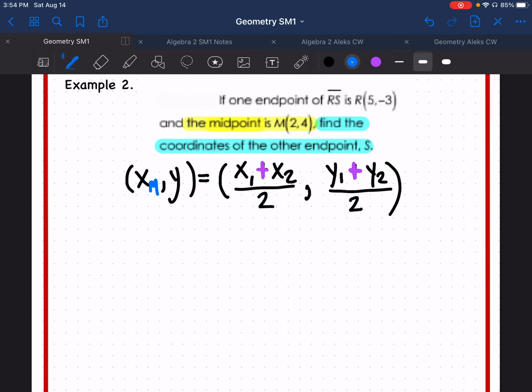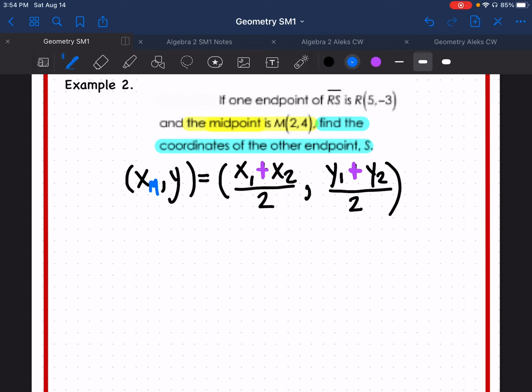Now, that midpoint is this one right here. So there's my xm and my ym, and here are my x1 and my y1. What am I finding? I'm finding x2 and y2.